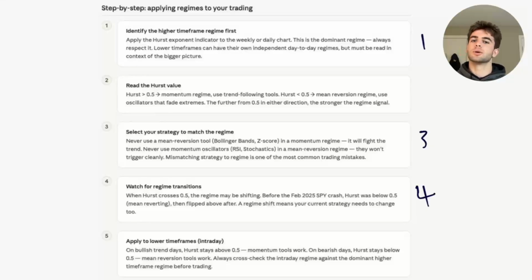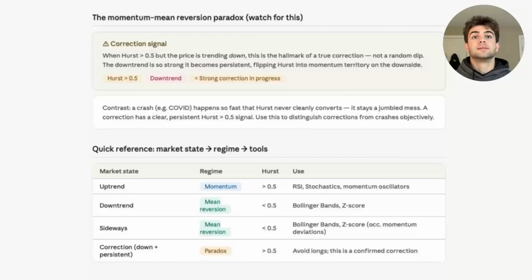If you have an algorithmic strategy, you don't want the Hurst value to be flipping between, and then you're constantly using different strategies. So I think step 4 is going to take the most fine-tuning to figure out how to actually apply it effectively.